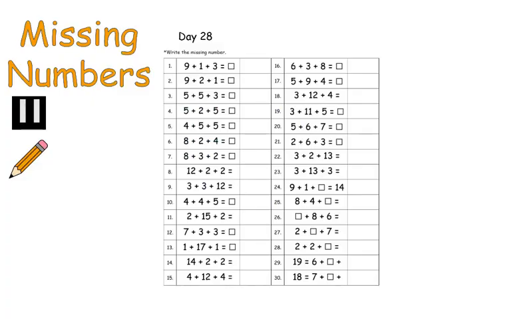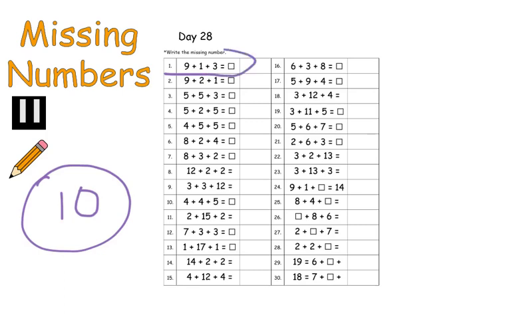Okay. So, for our sprint today, the thing that's going to help you is to circle the numbers that make 10. So if I'm looking at number 1 here, we have 9 plus 1 plus 3.